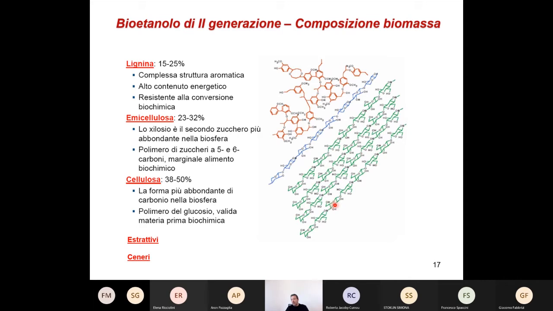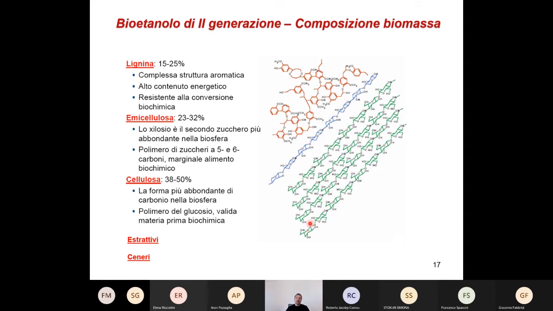It's similar for hemicellulose, where you have a long simple sugar chain, but in general hemicellulose contains xylose, for example, a lot of xylose sugars, which have 5 carbon atoms, while glucose has 6 carbon atoms.